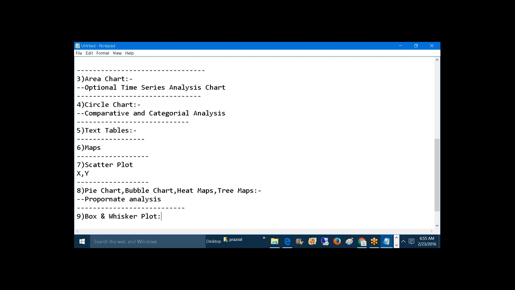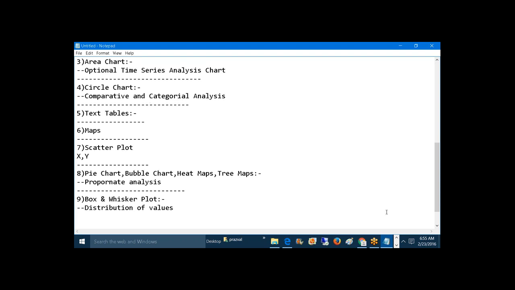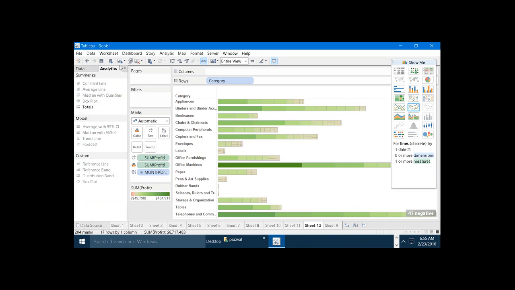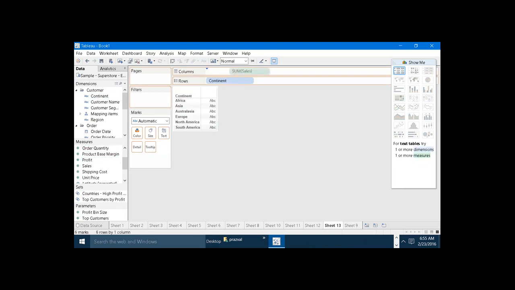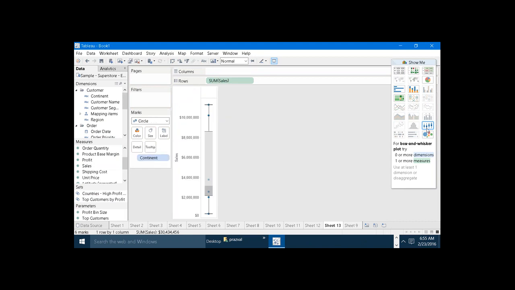The box and whisker plot is used to identify the distribution of values. What does it mean? Let's say, for example, I'm taking continent and sales and I'm taking a box and whisker plot.